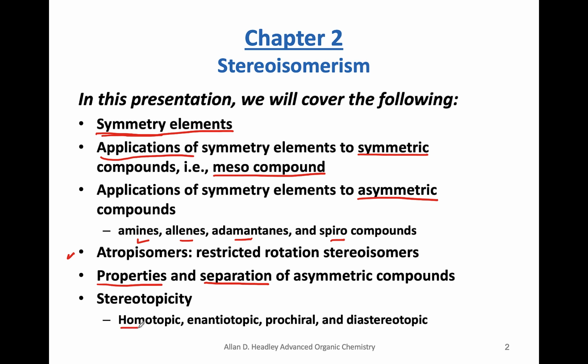The first terms are homotopic, enantiotopic, prochiral, and diastereotopic. You'll see that these are very important tools used to analyze compounds that look very similar but are slightly different, and NMR spectroscopy can detect these differences, which sometimes complicates the NMR spectrum.